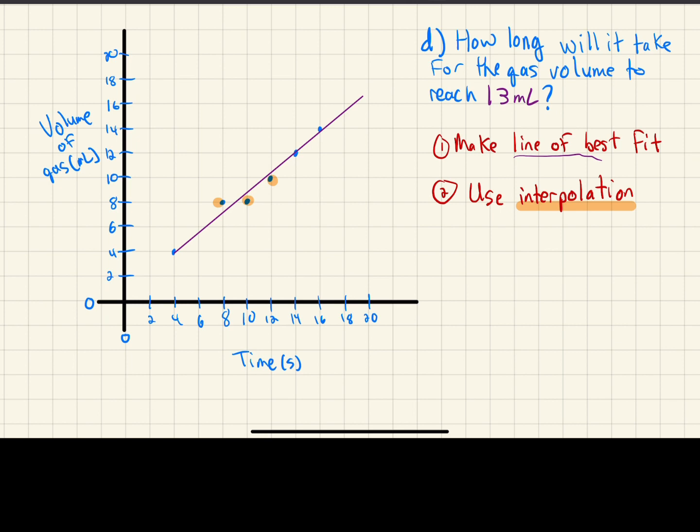Okay, so now that I have my line of best fit, I'm going to use interpolation with that line, that purple line that I've drawn, and that's going to give us the answer. So I'm going to go to 13 milliliters, which is here. And then I'm going to put a ruler here at 13 until I cross that purple line.